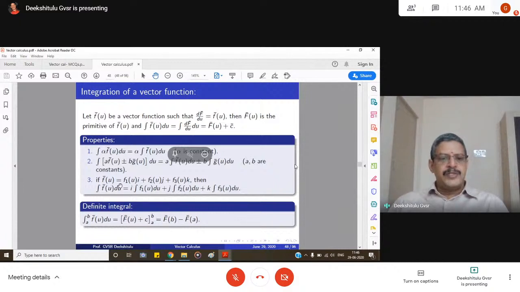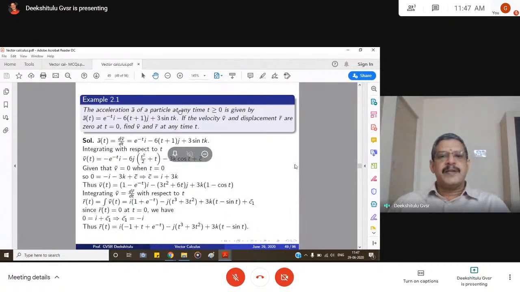If f bar u is equal to f1 u i plus f2 u j plus f3 u k, then the integral of f bar u du is i into the integral of f1 u du plus j into the integral of f2 u plus k into the integral of f3 u. The definite integral from a to b of f bar u, with F bar u plus c between a and b, becomes F bar b minus F bar a.